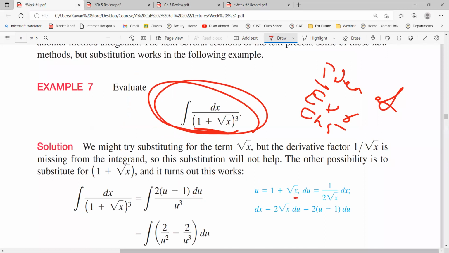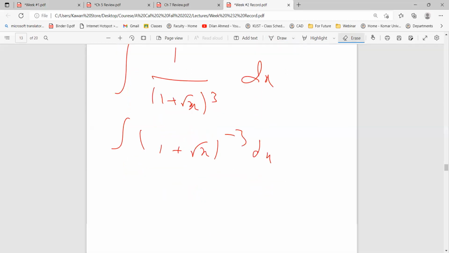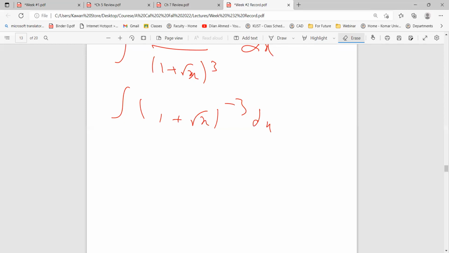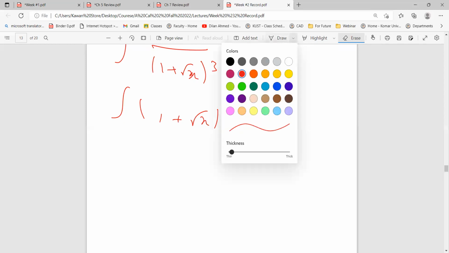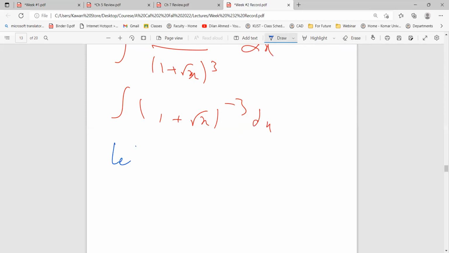Let u be here, again like example number 6. So I say let u be square root of x, then du will be what? As we say, dx.